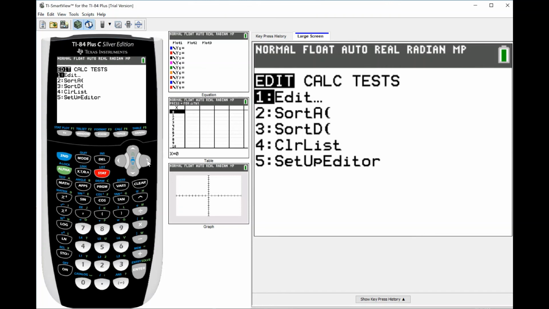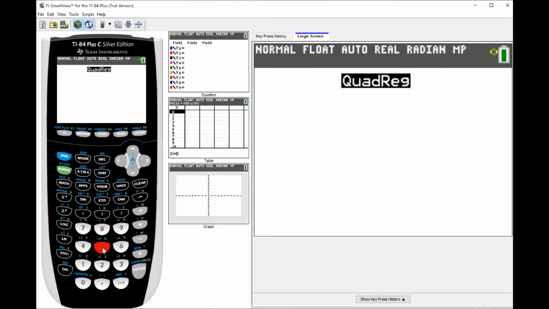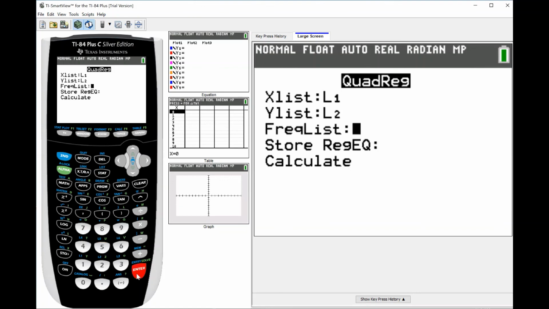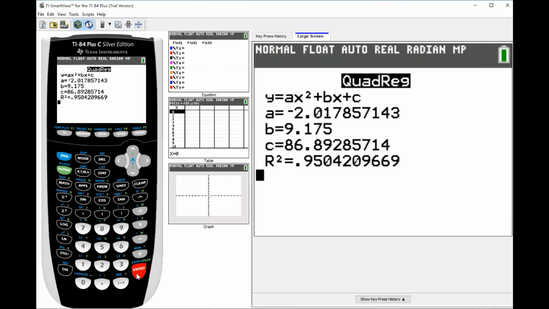So stat, scroll over to calc. Where do I go? Number 5. And I'm going to go all the way down to calculate. I can just press enter or the down arrow. And it will calculate my quadratic regression. If I were to write this down as an equation, because I'm rounding all of my decimals, y is approximately, that's not an equal sign, it's like a squiggly equal sign.